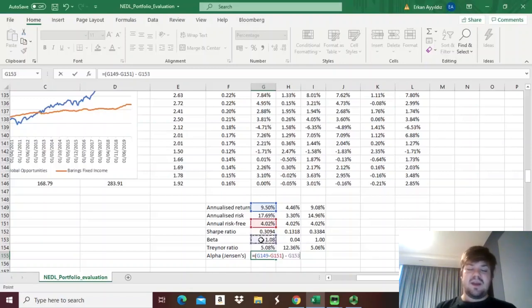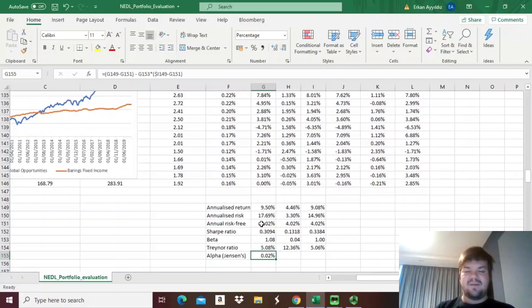So we multiply our beta by the return of the market, and we log that because the return of the market remains the same for all portfolios, minus the annual risk-free rate. So the logic is very simple. By how much did you outperform the market while adjusted for your beta exposure, to exposure to market risk?